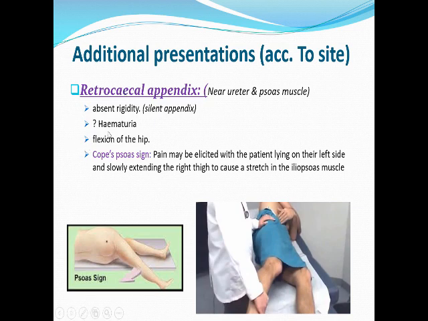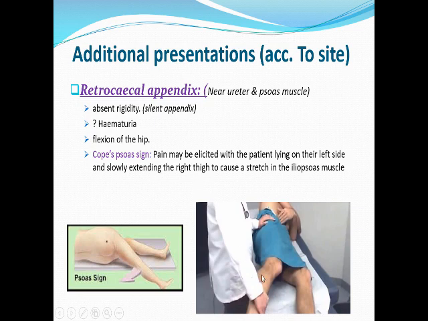Because it's near the ureter, there might be hematuria, and because it irritates the psoas muscle, there is a psoas spasm. You will find the patient lying on the bed with flexion of the hip. It's called the Cope psoas sign, due to psoas spasm.